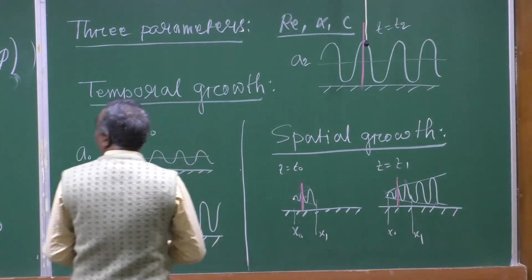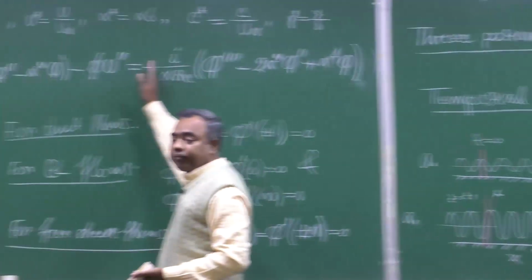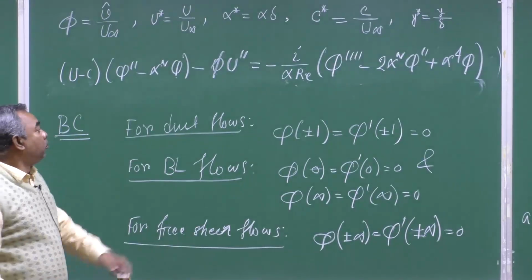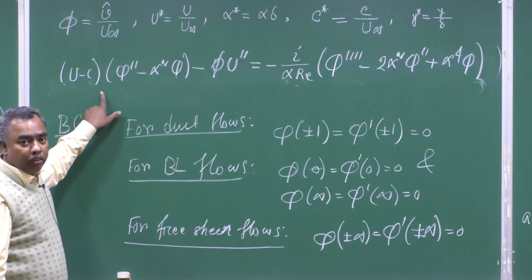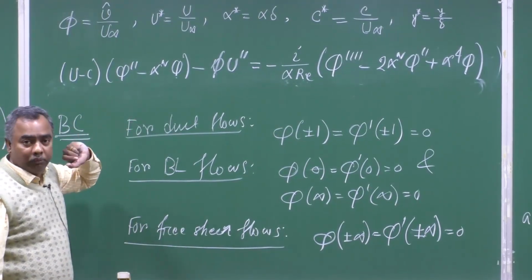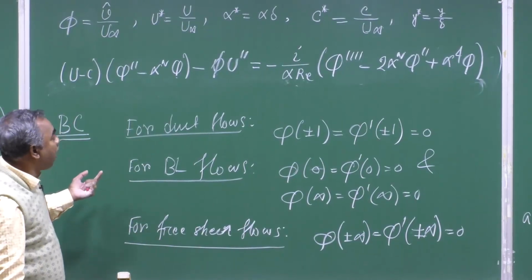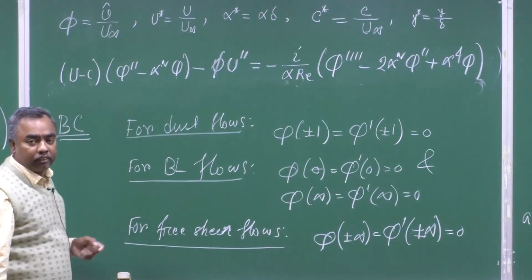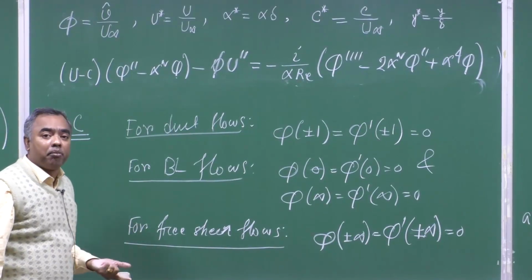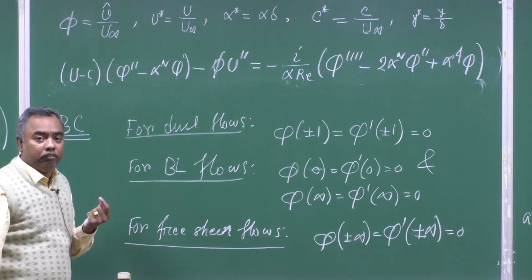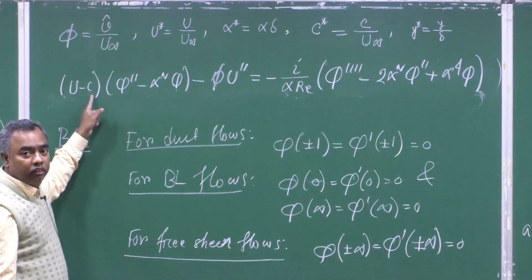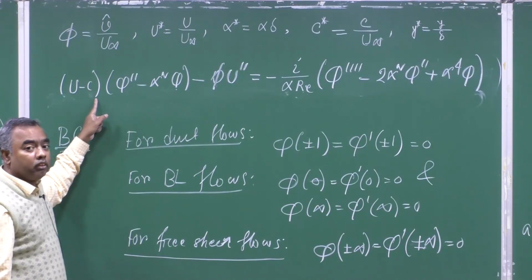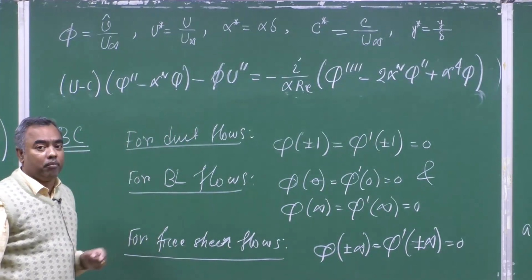While solving this particular equation, there are two approaches. One is the temporal approach, another is the spatial approach. In the temporal approach, we consider alpha to be real and C to be complex, and in the spatial approach we consider omega, which is alpha times C, to be real and alpha complex.